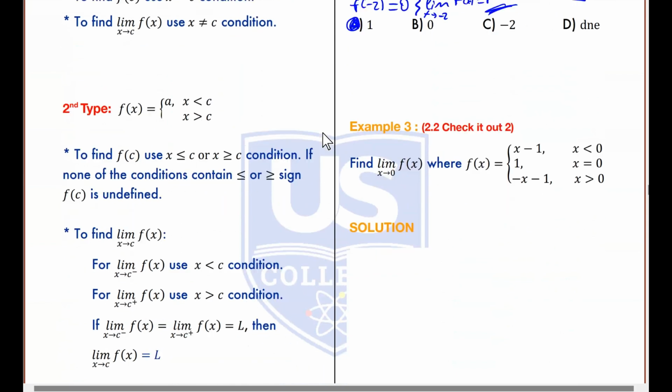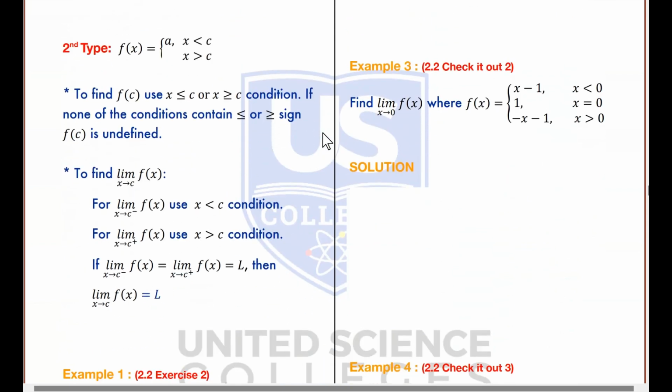The second type, having less than and greater than, or one of them has equality in it. So in order to find the value of the function, we should check the equal condition. If there is only less than and greater than in the conditions, then there is no equality, so the function is undefined.